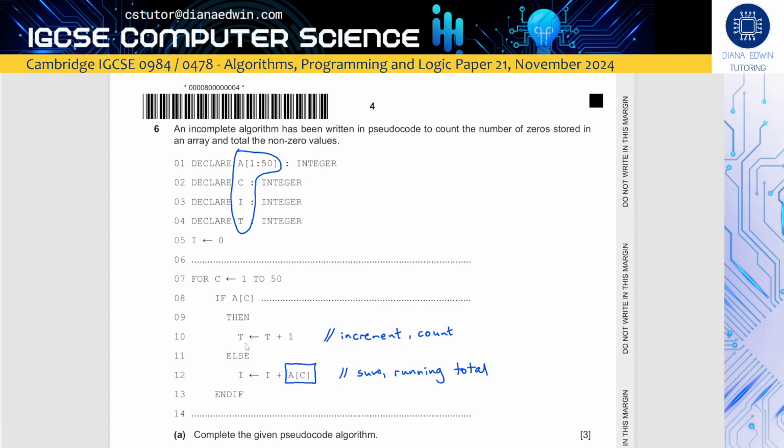And you can see that the first place it's mentioned after it's been declared on line 4 is on line 10, where I'm saying t gets a value of whatever it was before plus 1. So unless I initialize that, I'm going to get an error on line 10 the first time I get to it. So that's what's missing here on line 6.